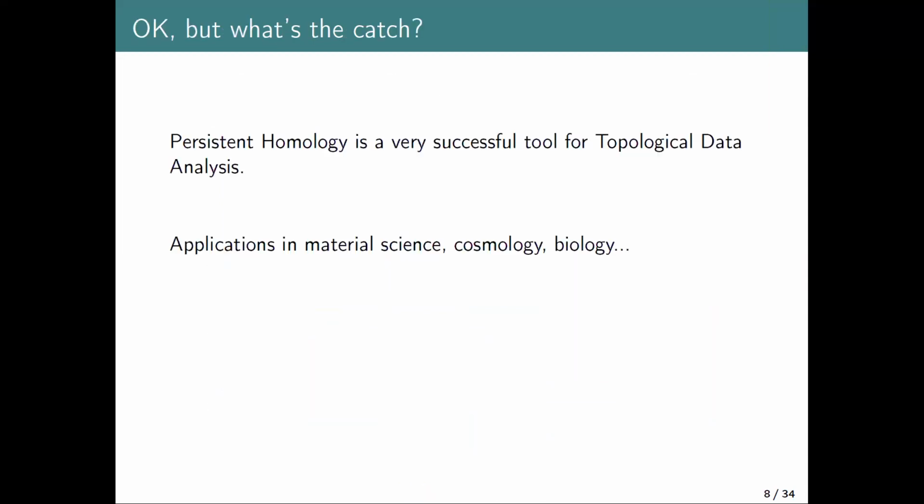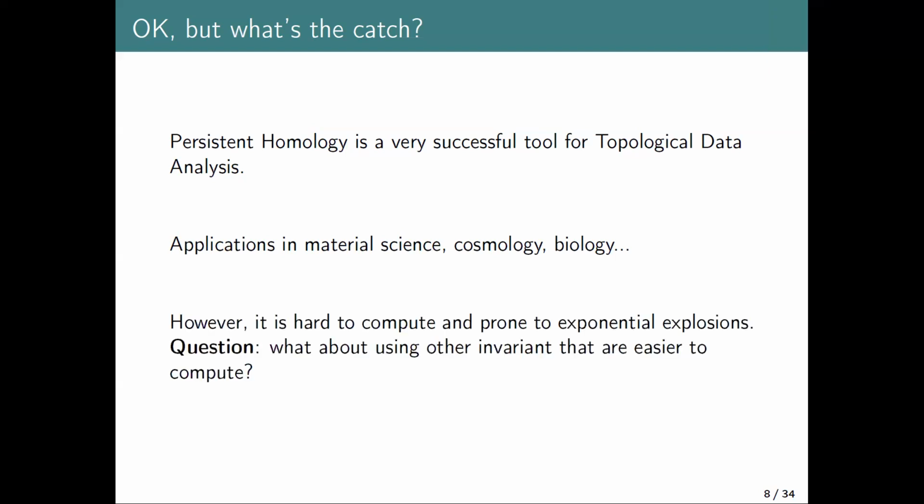That's great. So persistent homology has been around for 15, 20 years. It's been a very successful tool in TDA and has a plethora of different applications in material science, biology, and cosmology also, which is very dear, very close to my heart. But what's the catch? Well, it's kind of hard to compute and prone to exponential expansion.